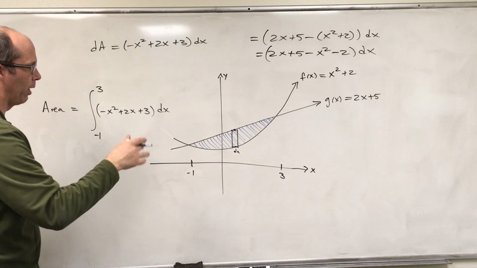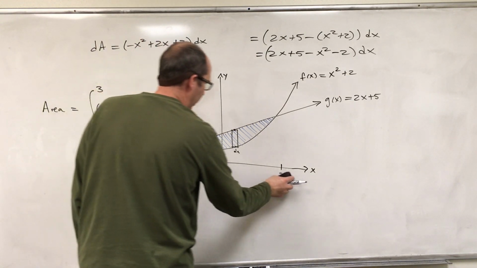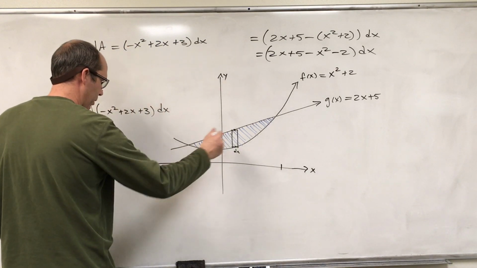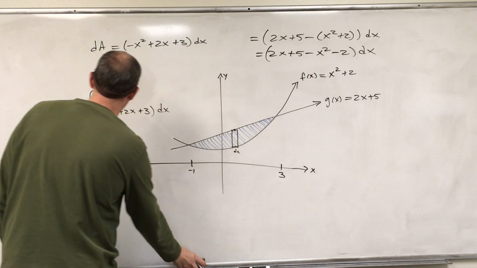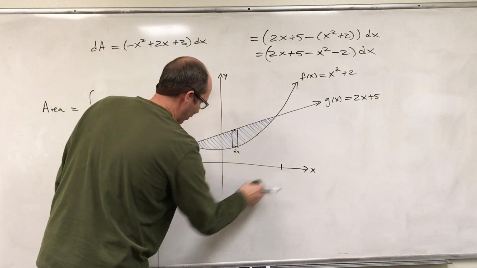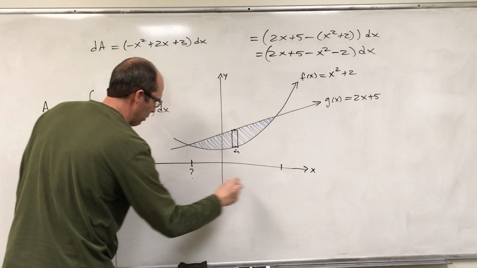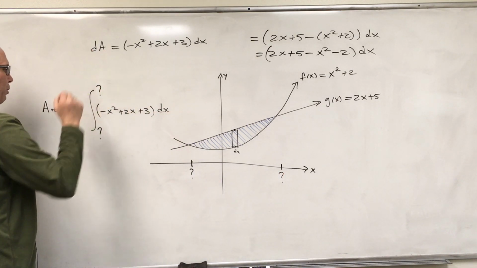But there are later problems where you aren't given that. So the question is, how would you figure that out? If you didn't know where they start, so you've got negative 1 and 3. We're going to figure those out. Question mark, question mark, question mark.